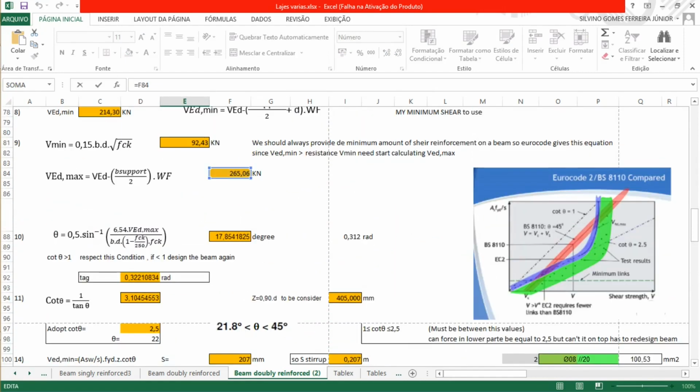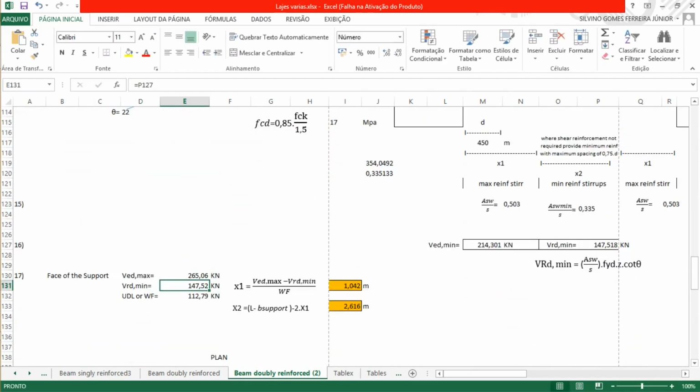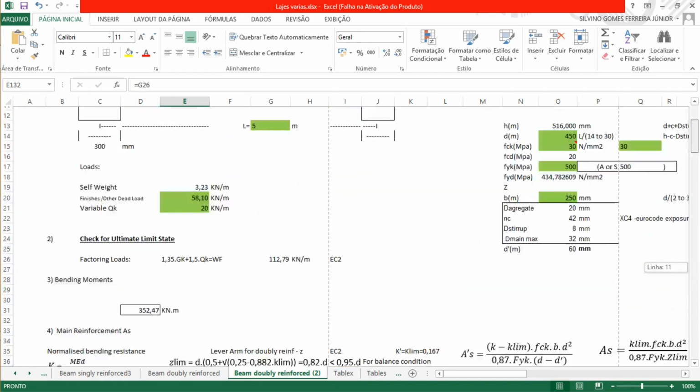And here we got 100 for the VRD minimum, 147 from here, and the UDL or factored load, it's 112 that we know from the beginning. Factored load.